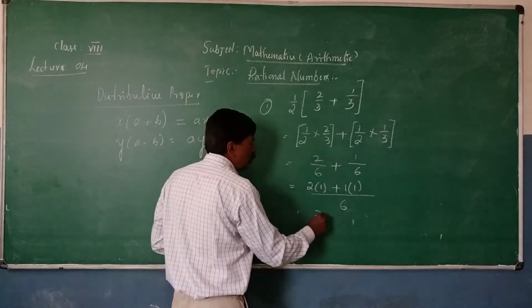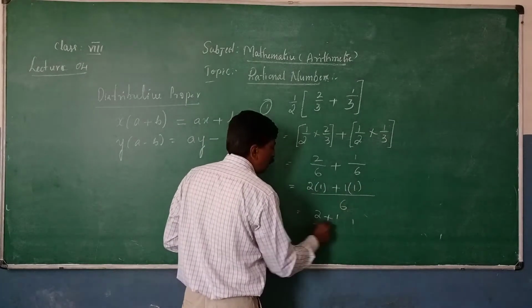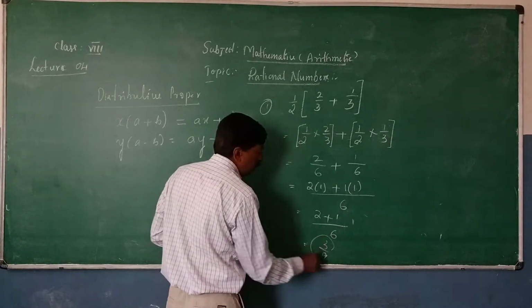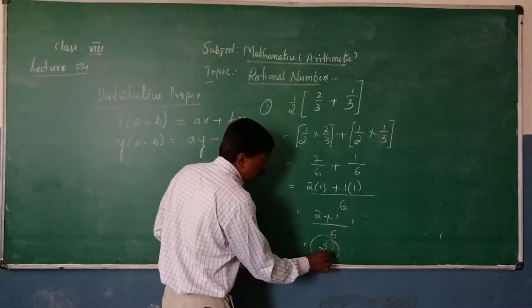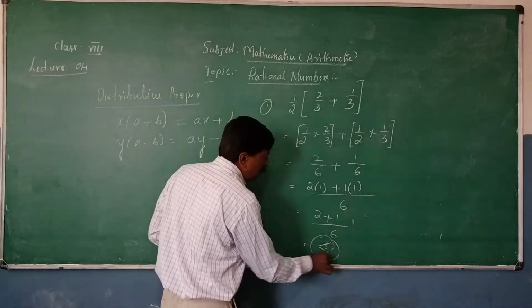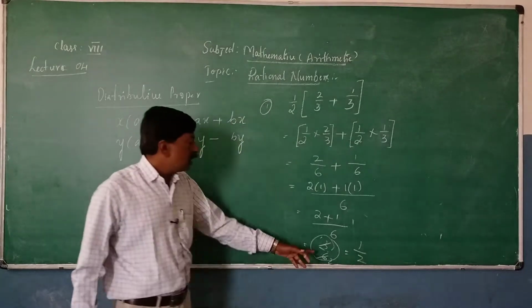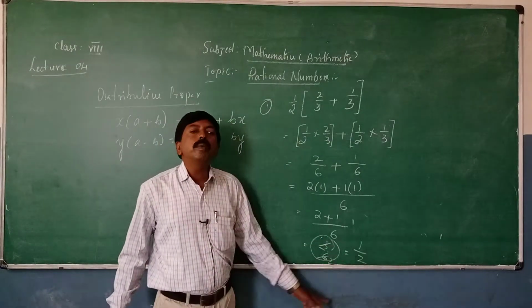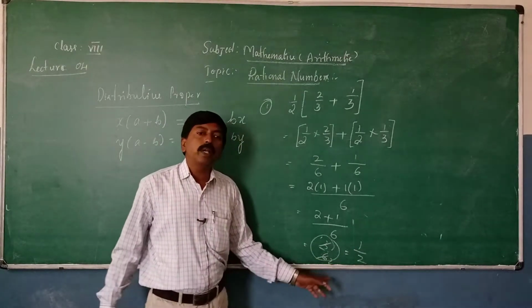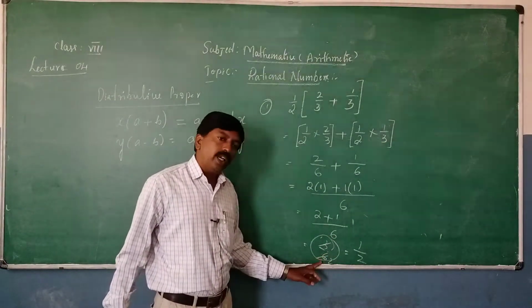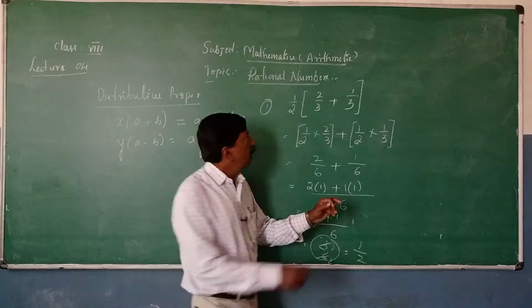Now 2 1s are 2, plus 1 1s are 1, divided by 6, it is 3 by 6. Now 3 1s are 3, 3 2s are 6. It is nothing but 1 by 2, because 3 is a common multiplier for both numerator and denominator. That's why you can divide: 3 1s are 3, 3 2s are 6.